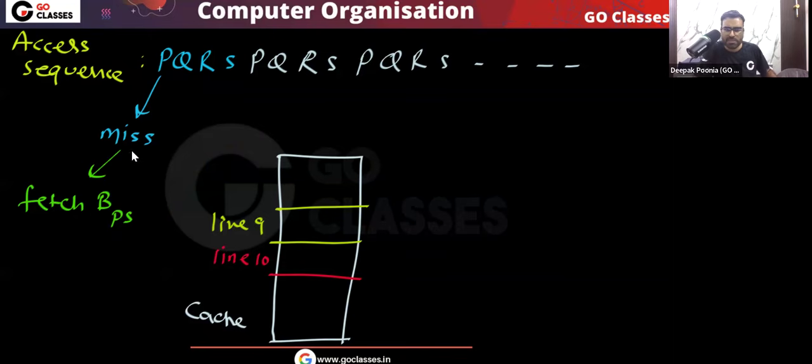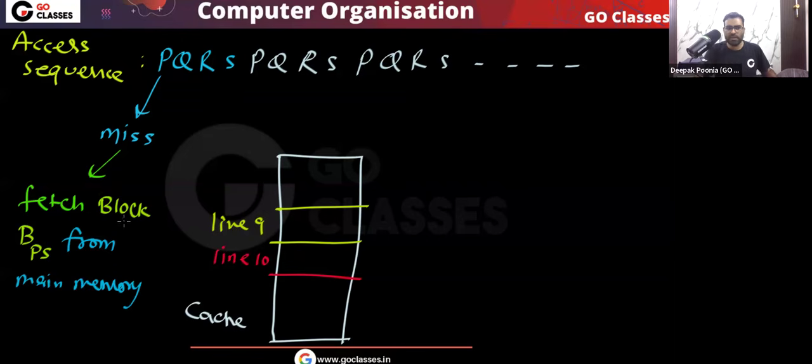So remember, when there is a miss, then from the main memory we fetch this block. Fetch block B, the block containing P comma S, from main memory to cache, because P comma S belong to the same block.